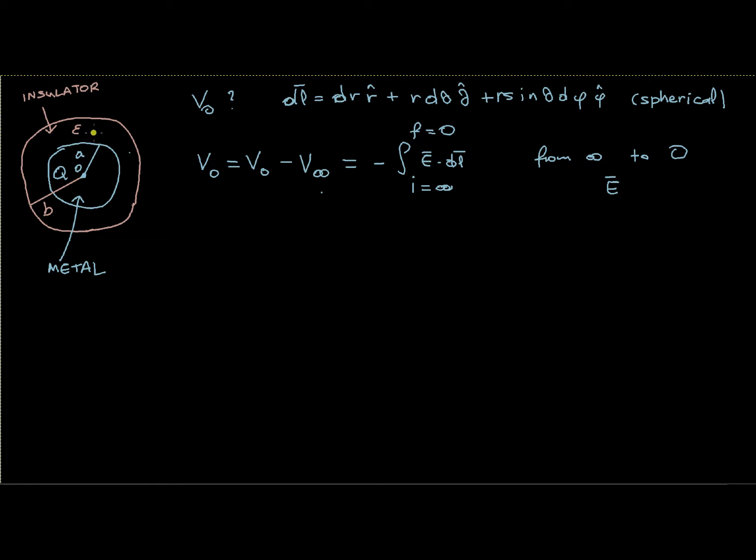So that gives me a relationship essentially between E and the electric displacement D. So in order to find the potential at the center, I need to know E everywhere. In order to know E everywhere, I need to find the electric displacement. And I can do that because I know that it's a linear dielectric, and I know the relationship between E and D in that case.